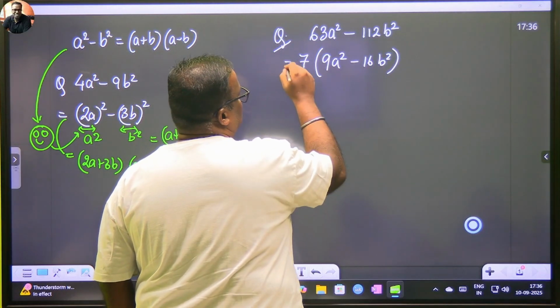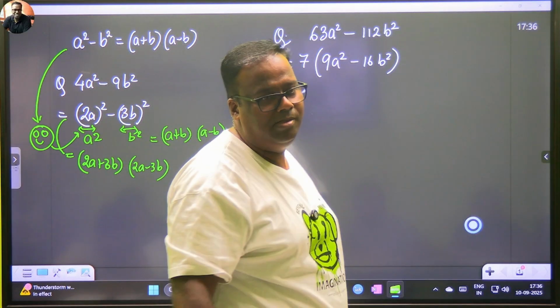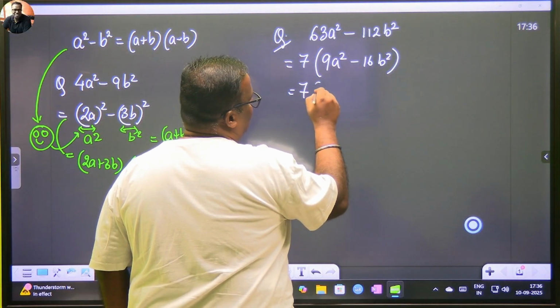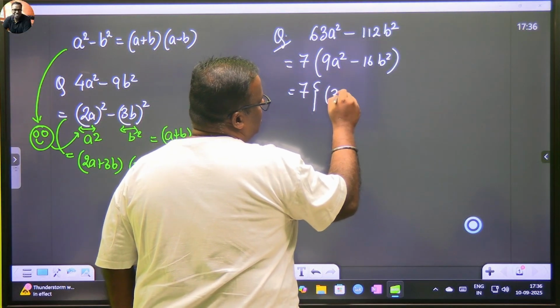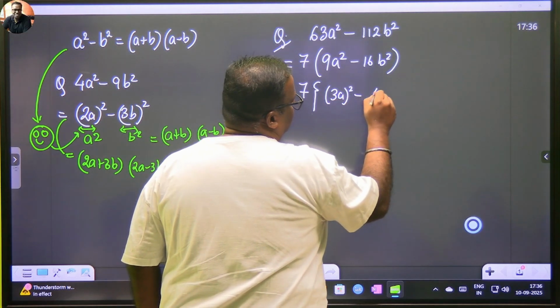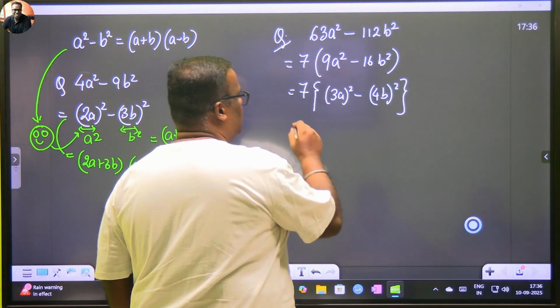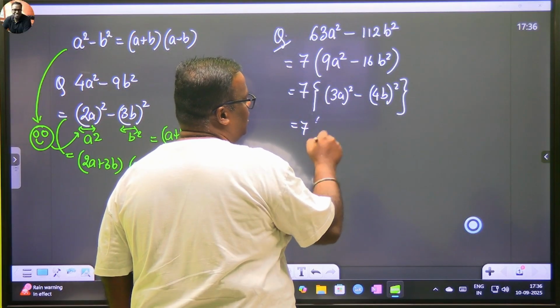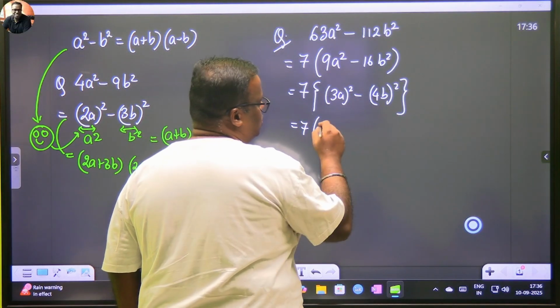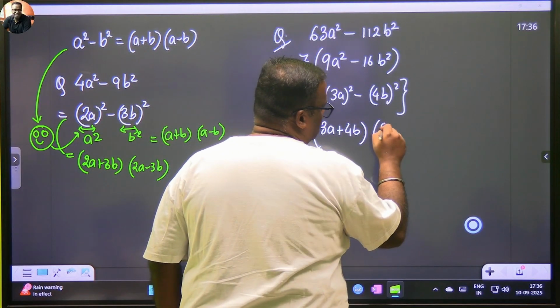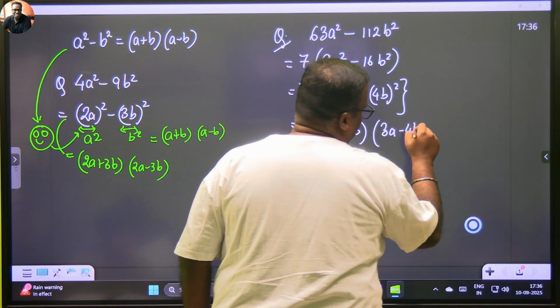Now once you see this, the condition has come again. So this is 7, and I can write this as 3a whole square minus 4b whole square. Agreed? So my 7 is retained as 7. So this is a square minus b square: 3a plus 4b into 3a minus 4b.